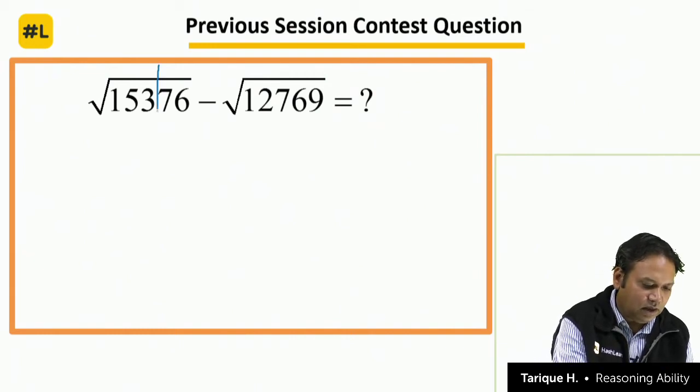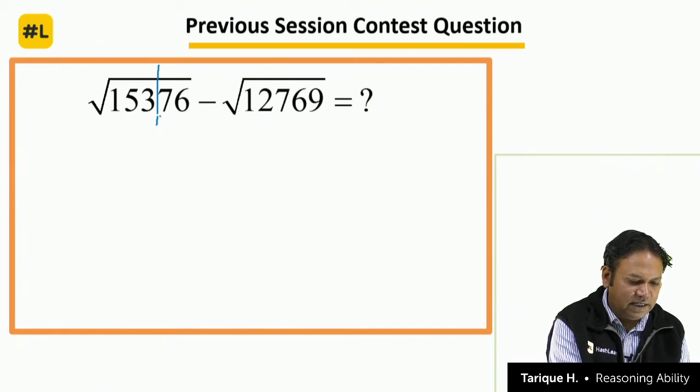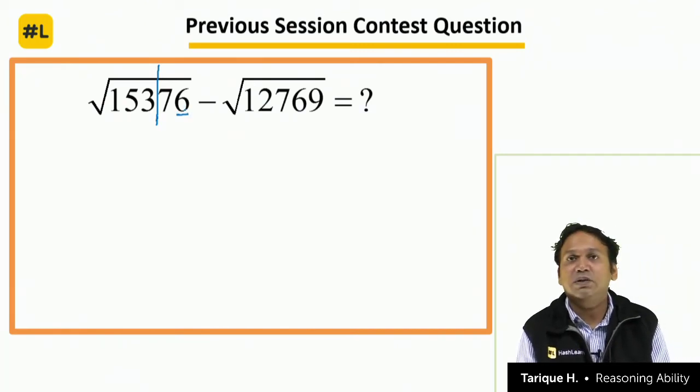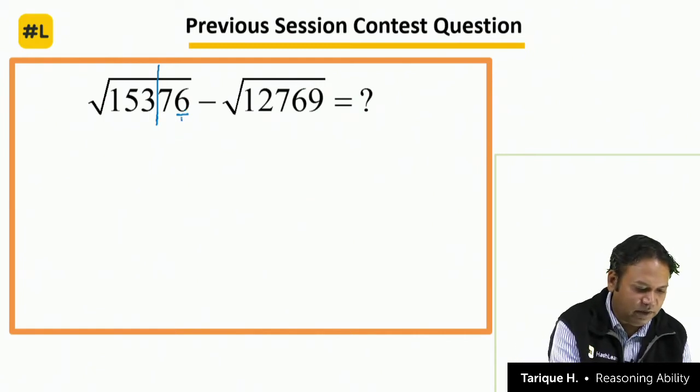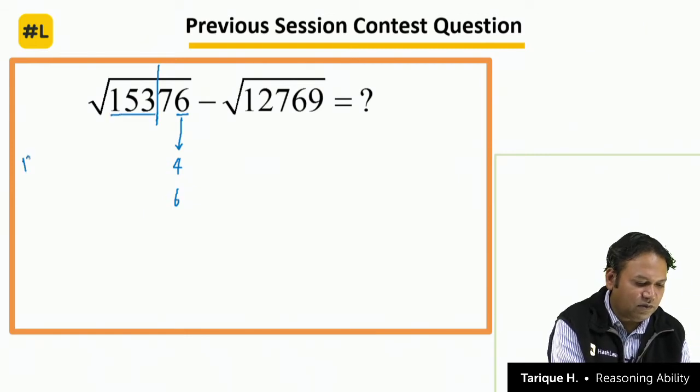So if you see here, we are finding the square root. 15376 is ending in 6. We are cutting all the last 2 digits. Ending in 6 means the square root will end in 4 or 6. 153 is between 12 square, 144, and 13 square, 169.